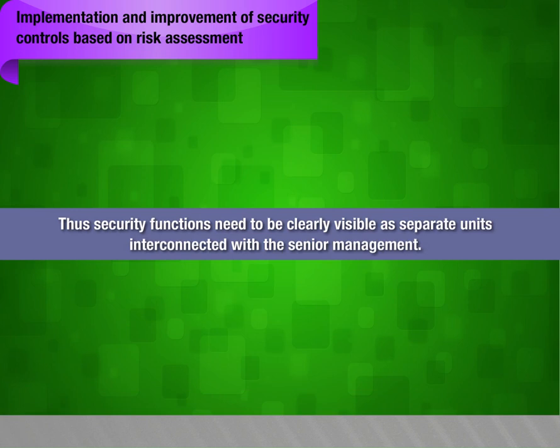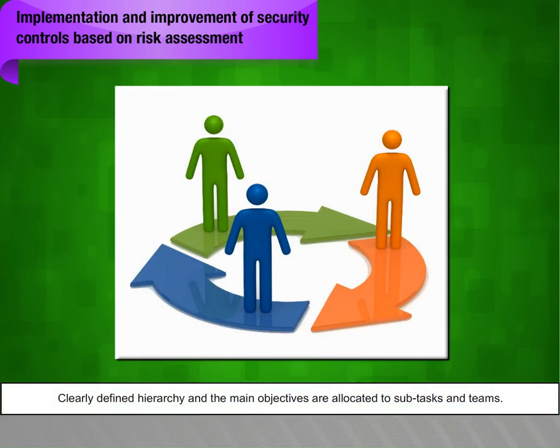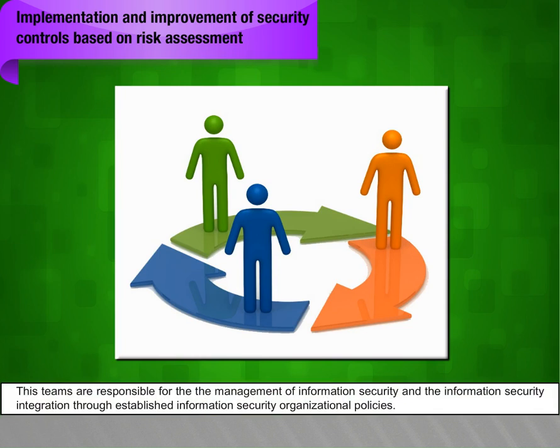Thus, security functions need to be clearly visible as separate units interconnected with the senior management. Clearly defined hierarchy and the main objectives are allocated to subtasks and teams. These teams are responsible for the management of information security and the information security integration through established information security organizational policies.